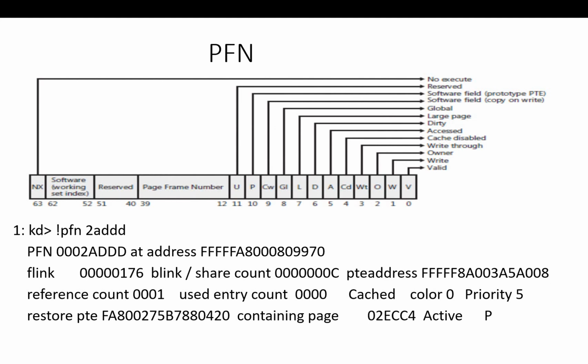Okay, and you can see the F link, B link, share count. They're all multi-use. The F link is actually, I think it's either forward link, and the backward link is the share count, and the forward link is the working set index offset for that page for the process it's mapped to.